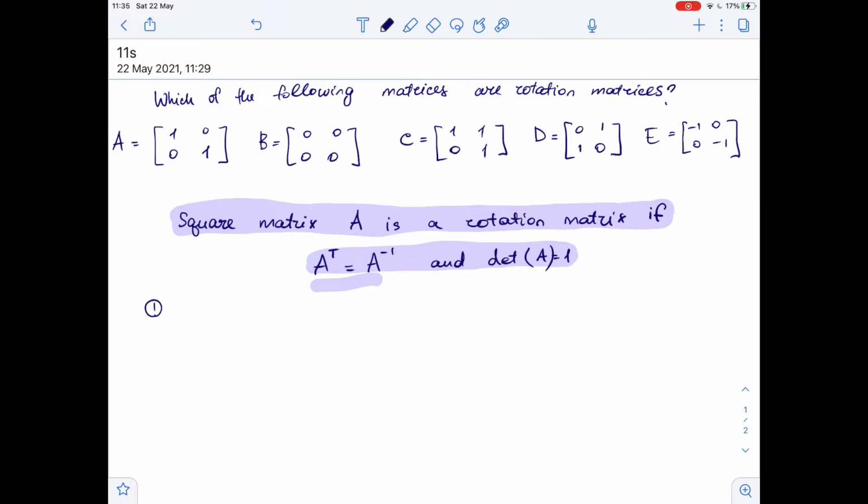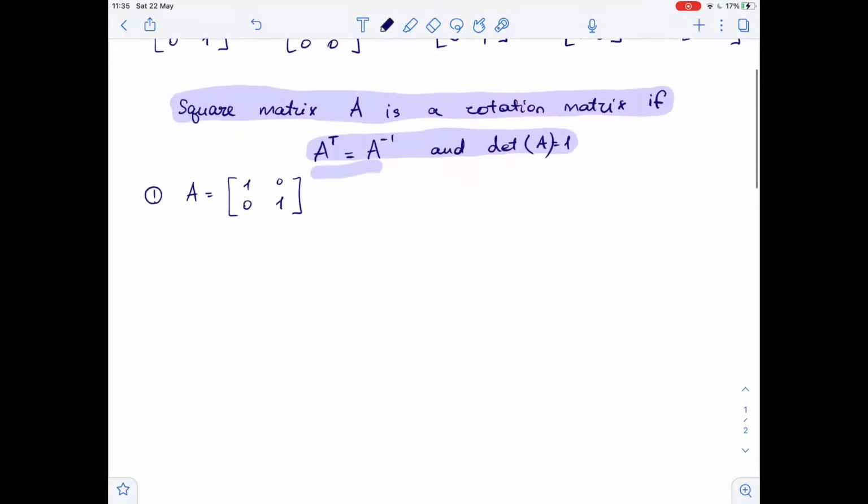First, matrix A, we will copy paste it. The first thing we need to do is find the determinant of matrix A. The determinant of A would be equal to 1 minus 0, which is 1.